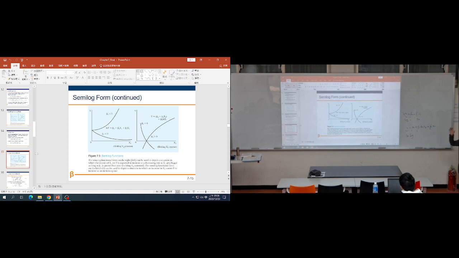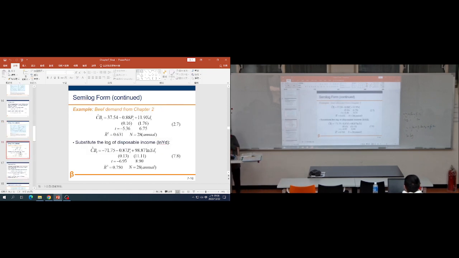So the diagram you see is not really a straight line, or if you have x variables, it doesn't mean that it is a straight surface. It can be a curve, a non-linear relationship.